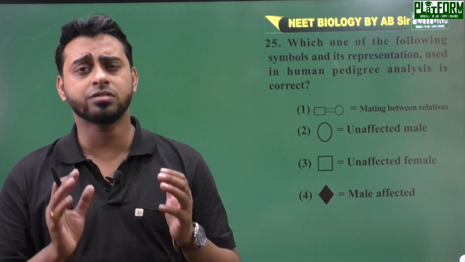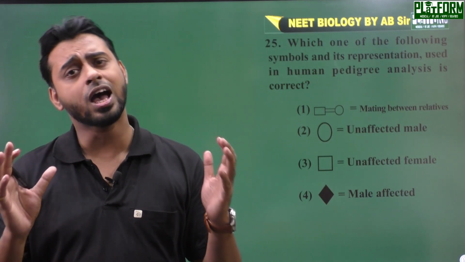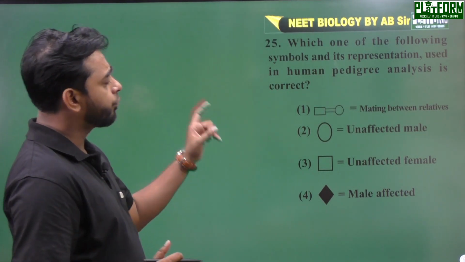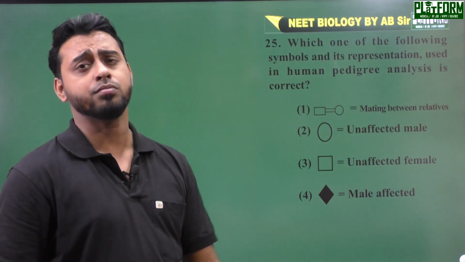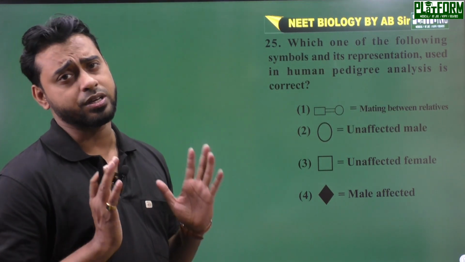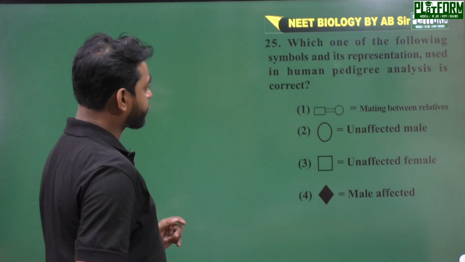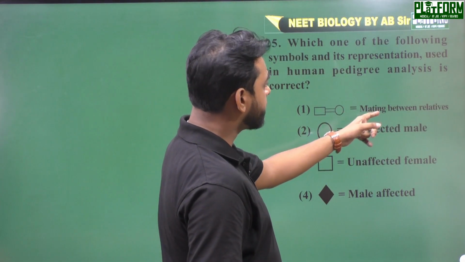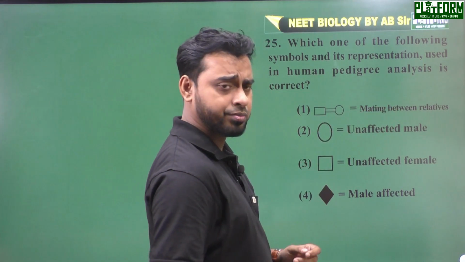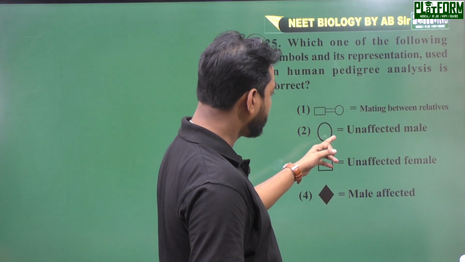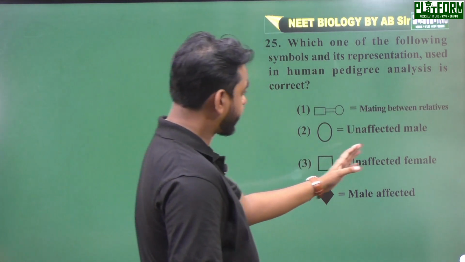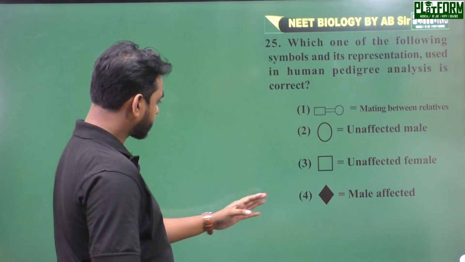By using some symbols we can construct a pedigree. Now you have to find out which one is a correct symbol with respect to the pedigree. Fine. The first one, option 1, the mating between relatives. Option 2, unaffected males. Option 3, unaffected females.